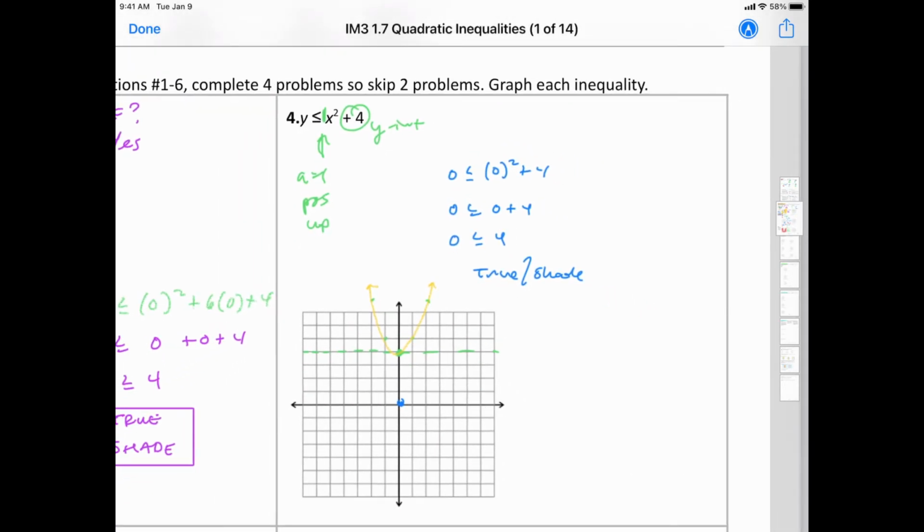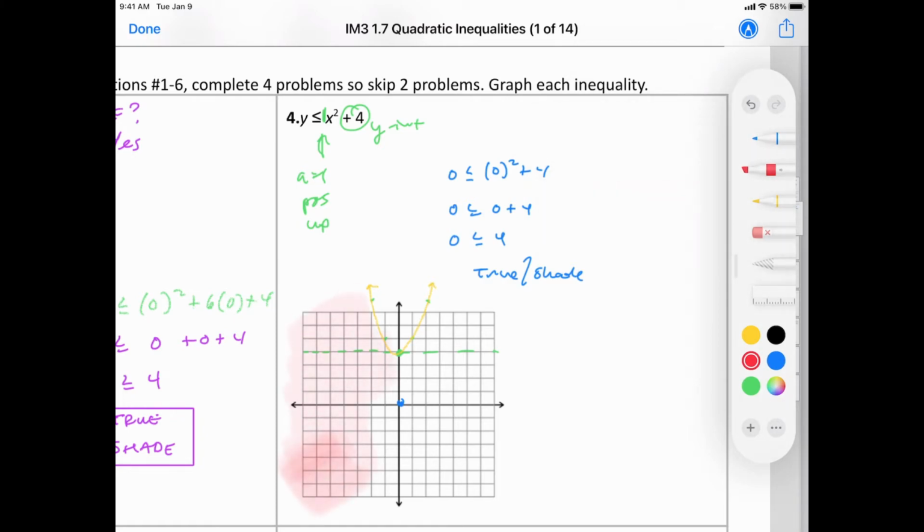So look at the dot, either you're going to shade it or don't shade it. If you don't shade it, you shade the other region. So we're shading there on the outside.